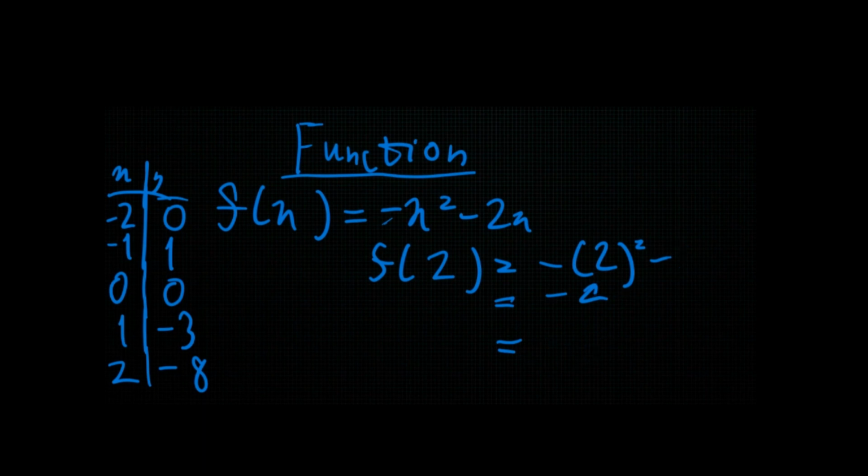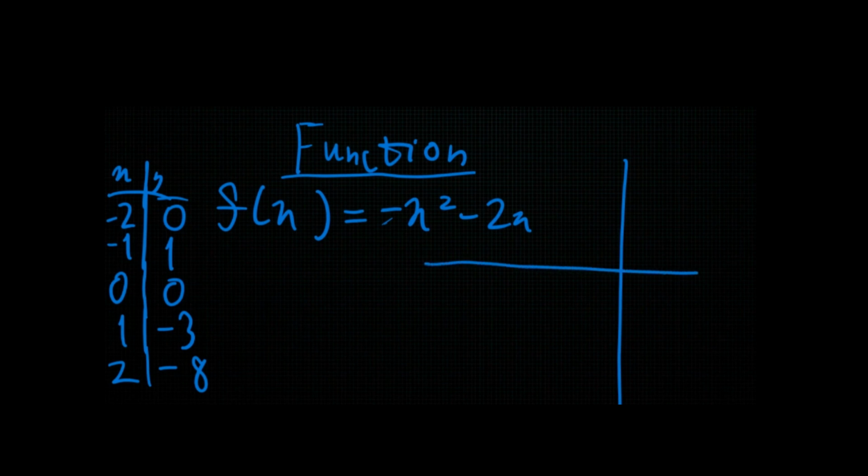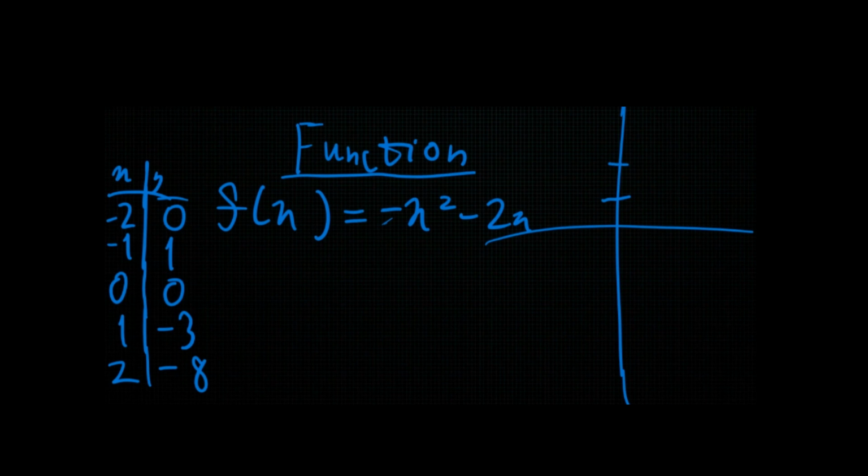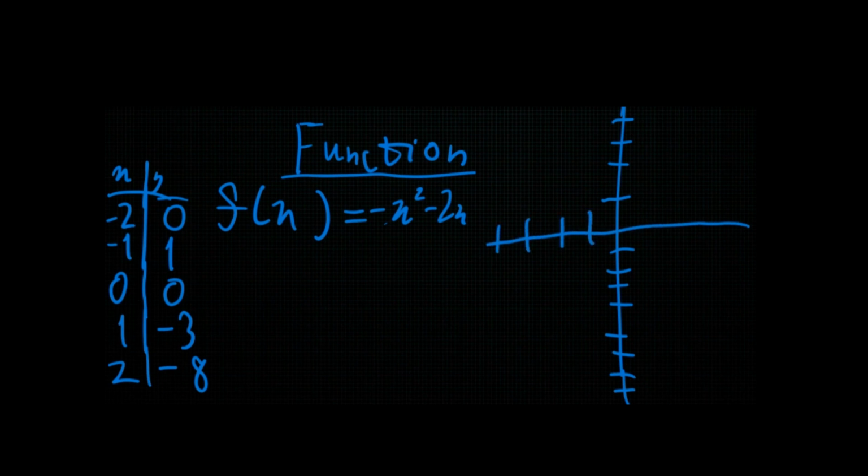Now let's graph it. So at negative 2 on the x-axis, y will be 0, right over here.